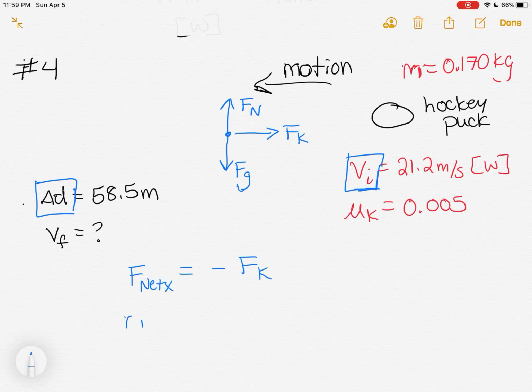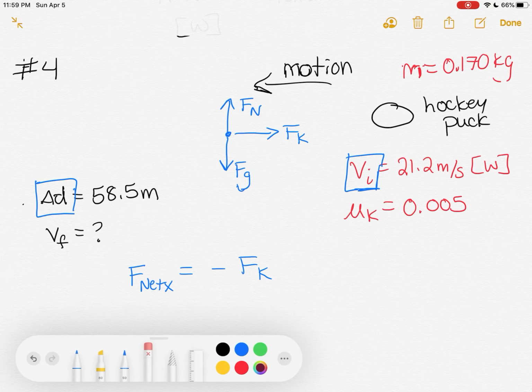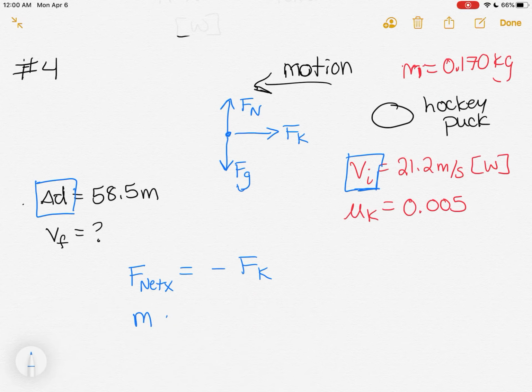So the mass of our puck times its acceleration is going to be our negative Fk. Now, we can substitute for Fk since we don't know what the force of friction is. We do know a formula for friction. And so Fk is really mu K Fn.